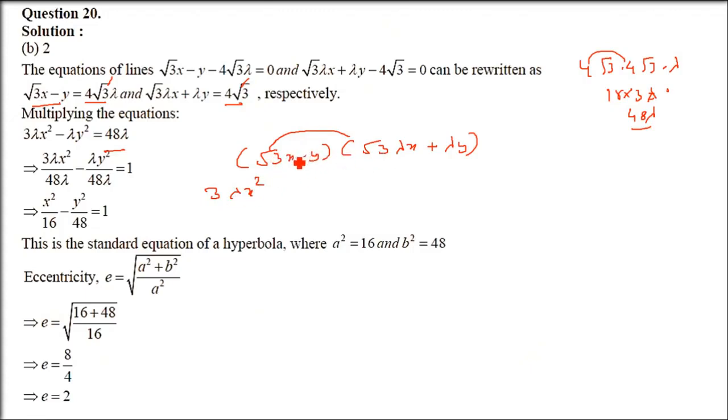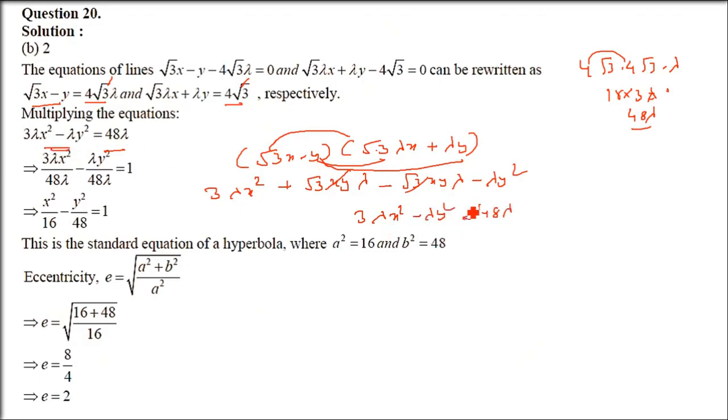Now root 3x into lambda y is root 3 lambda x y. Now minus y into root 3 lambda x gives minus root 3 lambda x y. And minus y with lambda y gives minus lambda y square. This gets cancelled. You have 3 lambda x square minus lambda y square, and this equals 48 lambda.